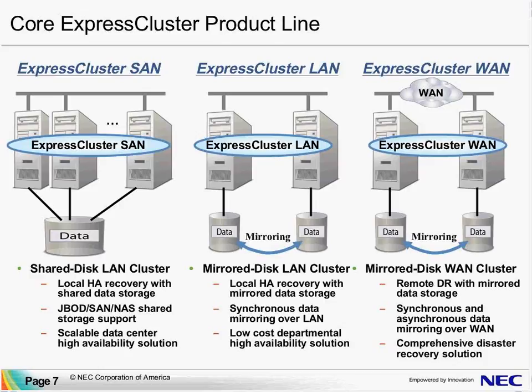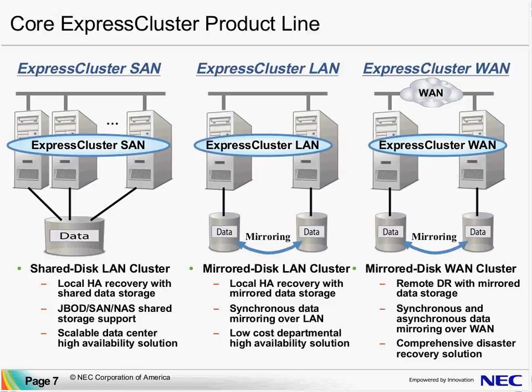And then we have the ExpressCluster LAN product. This is a product targeted at branch office and remote office locations where there is typically no extensive IT infrastructure, but may still have critical applications running on a standalone server.